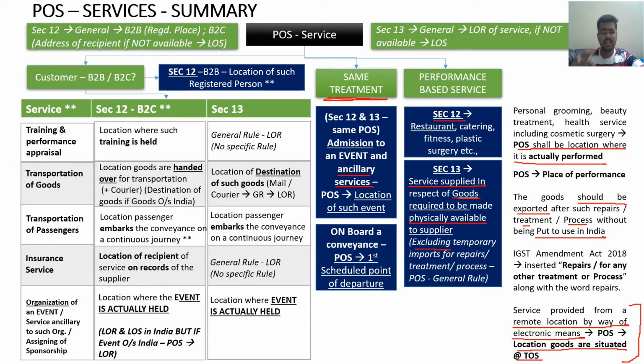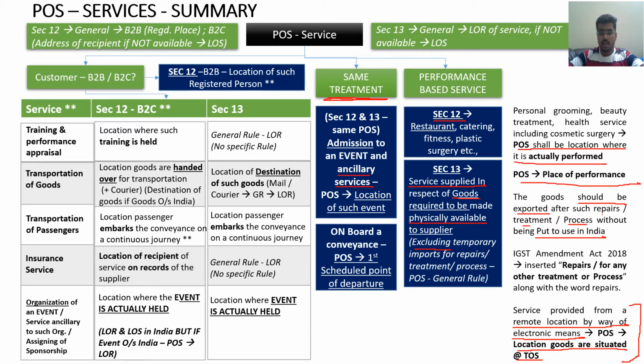So section 13 had three scenarios: performance based, one; normal, where service is supplied in respect of goods which are required to be made physically available to the supplier in order for the supplier to provide the service. Then the place of actual performance will be considered as the place of supply.